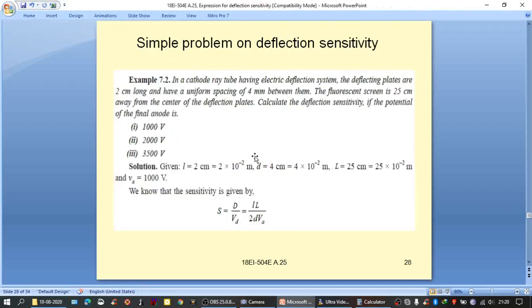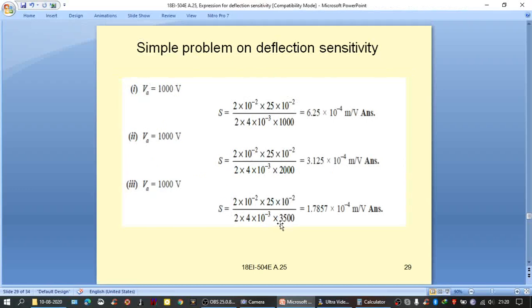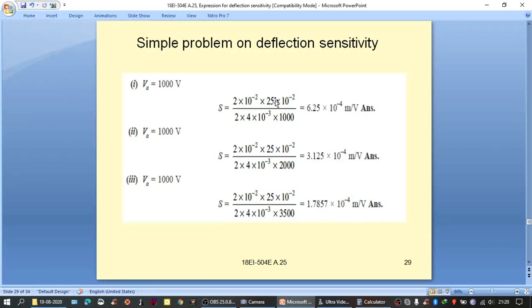Third case, 3500. So 3500 here. 1.7857 into 10 power minus 4 meters per volt. This is how you can calculate the deflection sensitivity for different values of accelerating voltages.